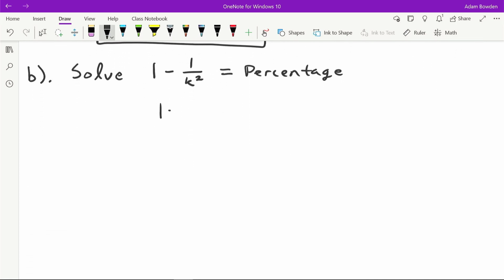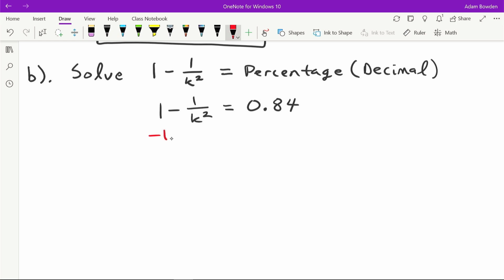We need to convert the percentage to a decimal before we use it. So 84% as a decimal would be 0.84. I'll go ahead and go through the steps of solving, just in case.